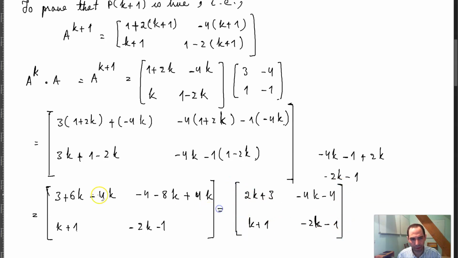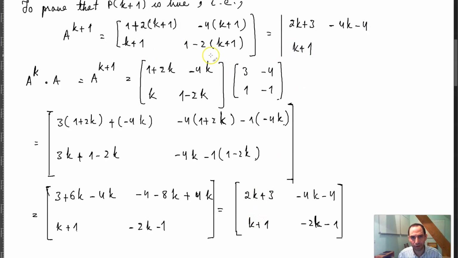And there you have this matrix, and this is supposed to be equal to this matrix. If that's the case, then P of k plus 1 is true. So let me simplify this one as well. I have 2k plus 2 plus 1 is 2k plus 3, negative 4k minus 4, which is the same thing as this one, and k plus 1, which is the same thing as this one.